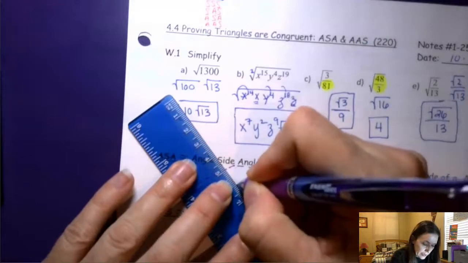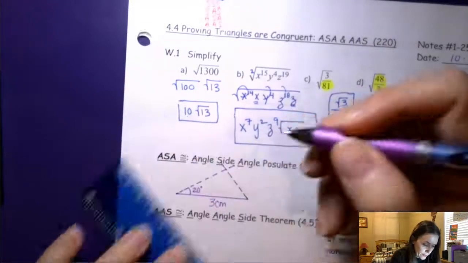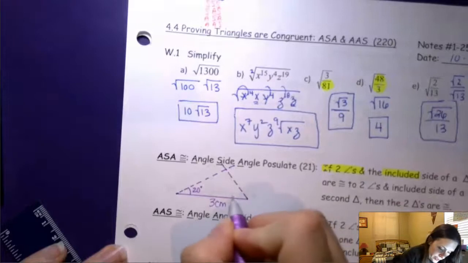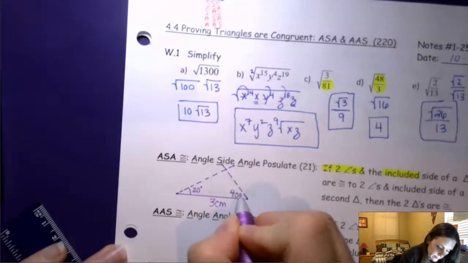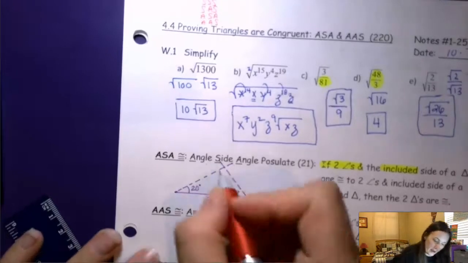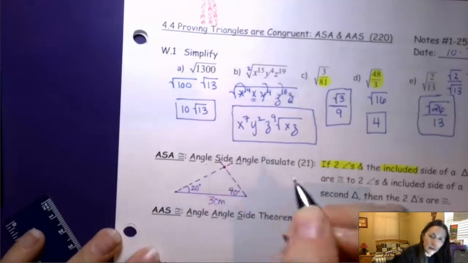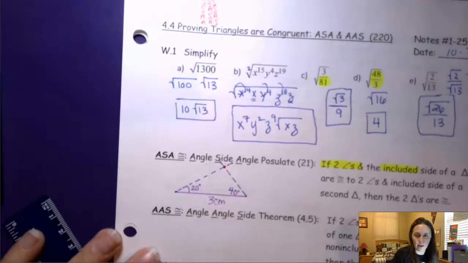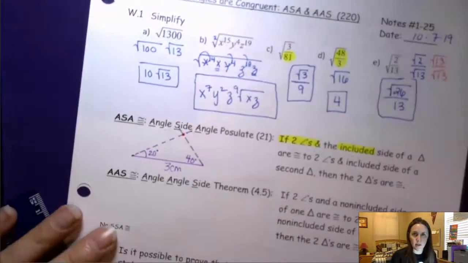And I knew this angle over here, let's say was 40 degrees. The only way for these to intersect is to come right here and intersect at this spot, which is going to make every other side and every other angle congruent. It's going to force it to be congruent.